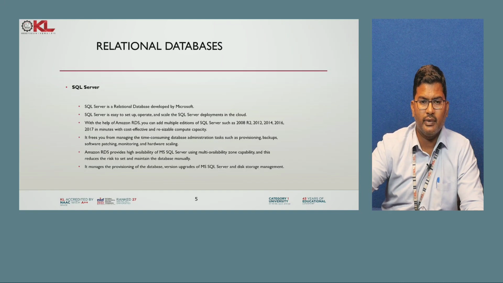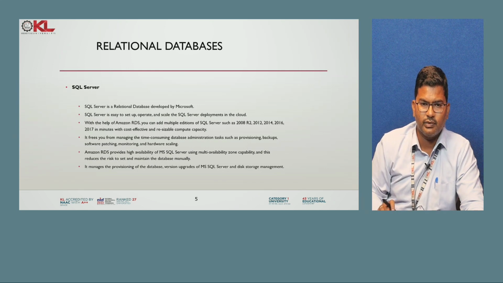With the help of Amazon RDS, we can add multiple editions of SQL Server such as 2008 R2, 2012, 2014, 2016, 2017, with cost-effective and resizable compute capacity. It manages time-consuming database administration tasks such as provisioning, backups, software patching, monitoring, and hardware scaling.